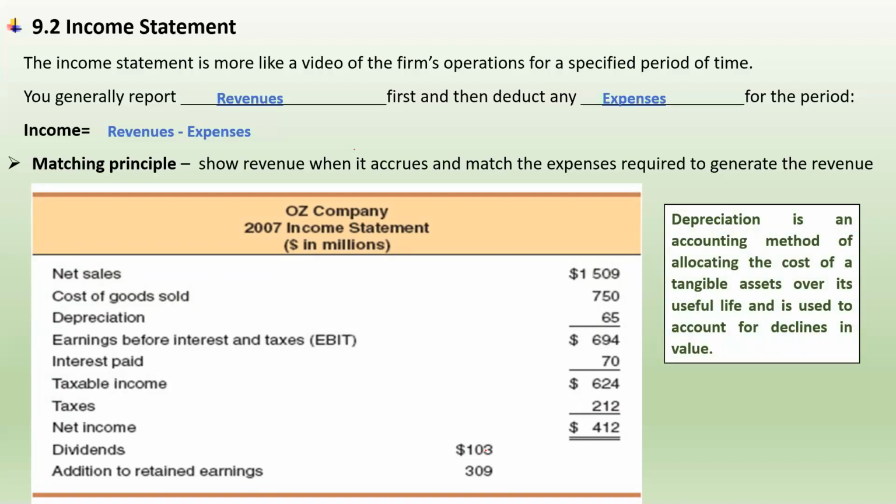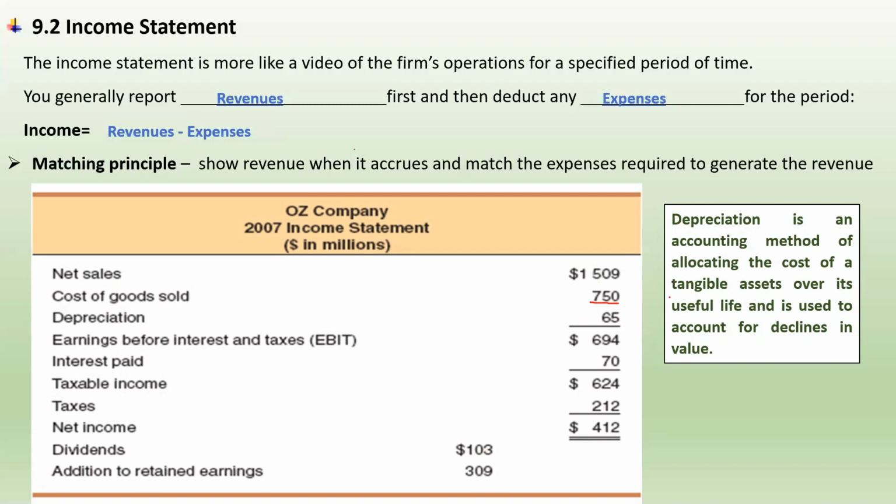Here, you should know that depreciation is only an accounting method. It's not an actual cash outflow. In the expenses, the cost of goods sold is usually a cash outflow. Those are costs you spend to buy raw materials linked to those net sales.